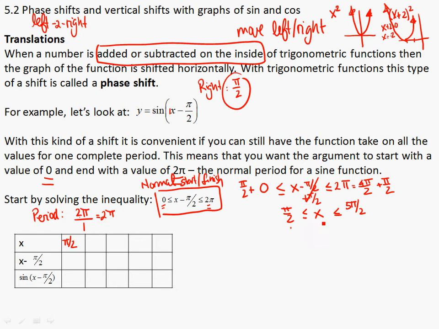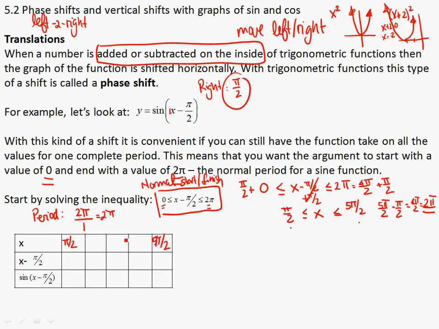If this is your start and that's your finish, then the period is the subtraction between those two. Remember I said yesterday I should have subtracted, 2 pi minus 0. And 5 pi over 2 minus pi over 2 is 4 pi over 2, and 4 pi over 2 is? So the period is the difference between finish and start. If you start at pi over 2, then you should end up at 5 pi over 2.